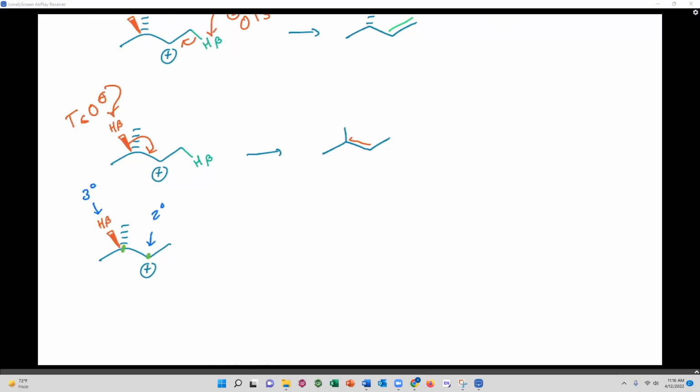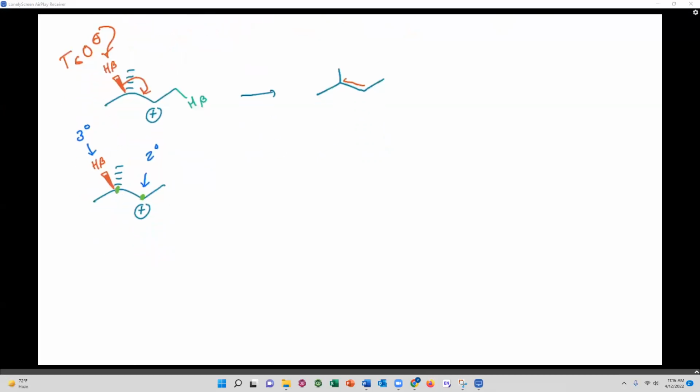They must be directly next to. What I can see is a 1,2 hydride shift. Now, when I say hydride, that's what I'm talking about, right? I'm talking about the hydrogen anion. Again, the whole reason this happens is what? It's to go to a lower state of energy.